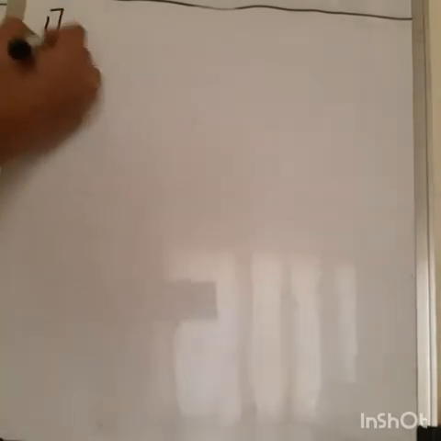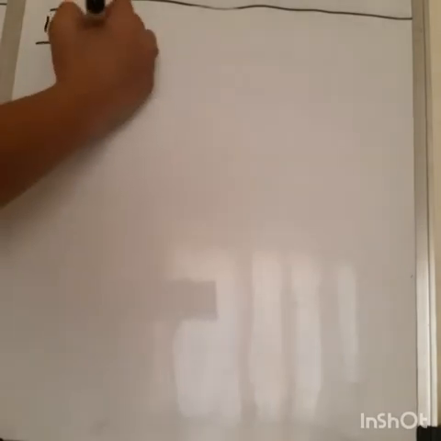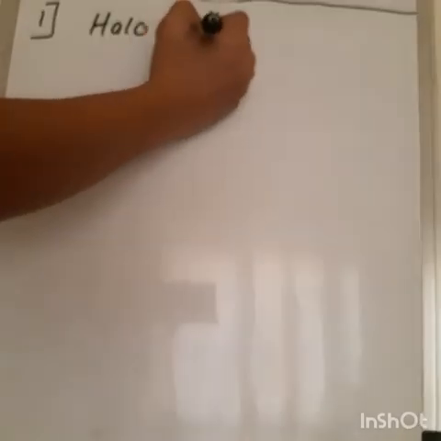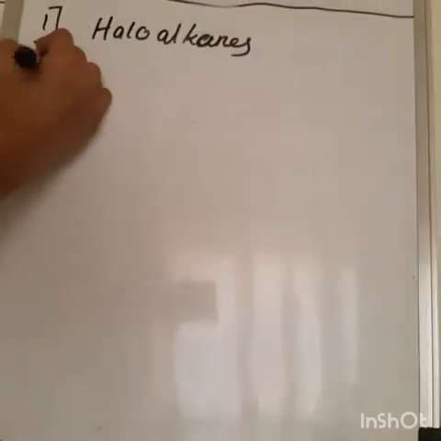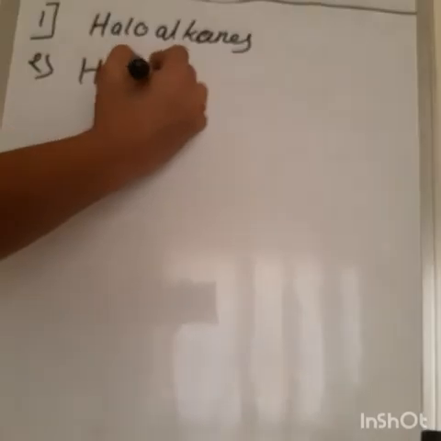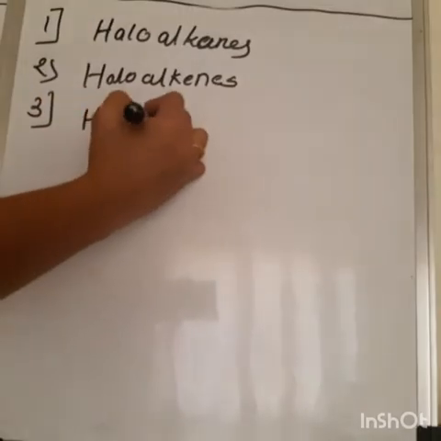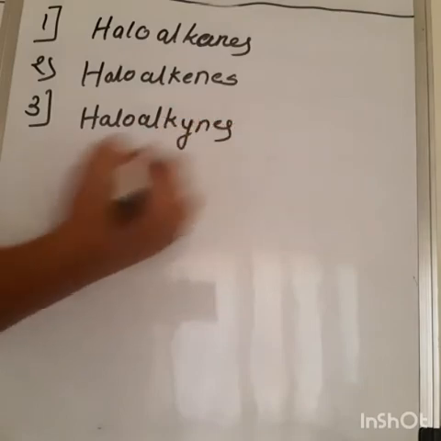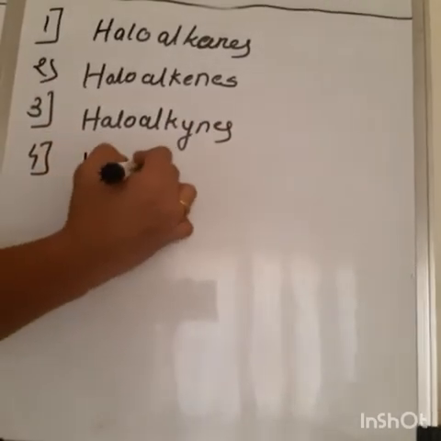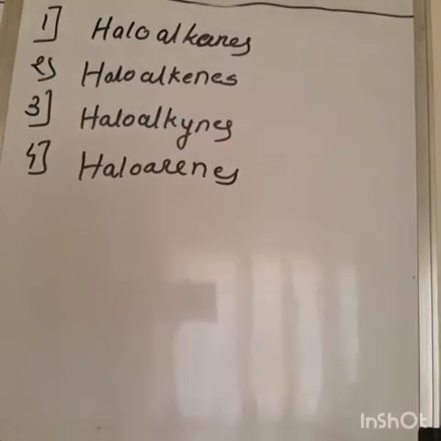Okay. So coming to the classification, the first point, based on the hydrocarbons, can be further classified as first, haloalkanes, second, haloalkenes, third, haloalkynes, and fourth, haloarenes.